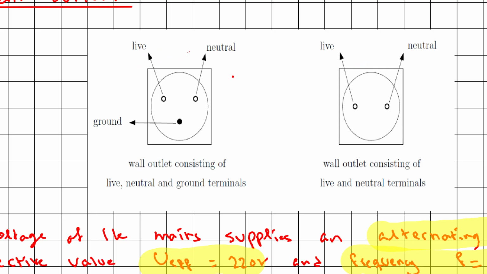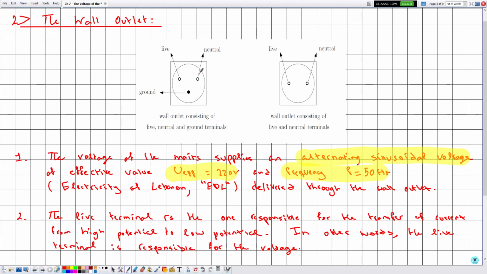It doesn't mean that the one on the left is the live, and it doesn't mean that the one on the right is the neutral, but later in the chapter we will discuss how to distinguish between the live and the neutral terminal. Here we should know that the live terminal is responsible for the voltage. It doesn't mean that the neutral has no voltage, but for the time being, let's consider that the live terminal is the one responsible for the voltage.